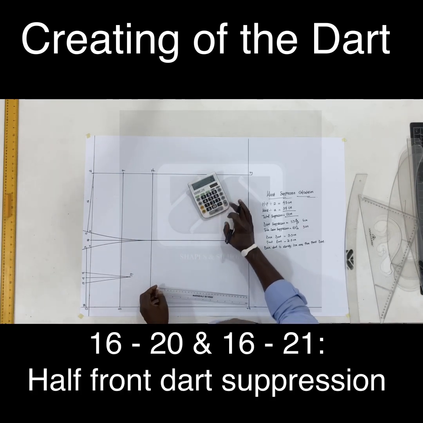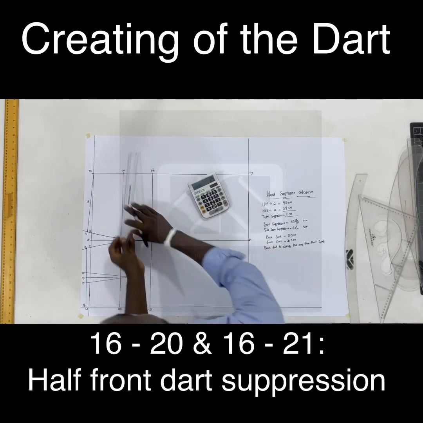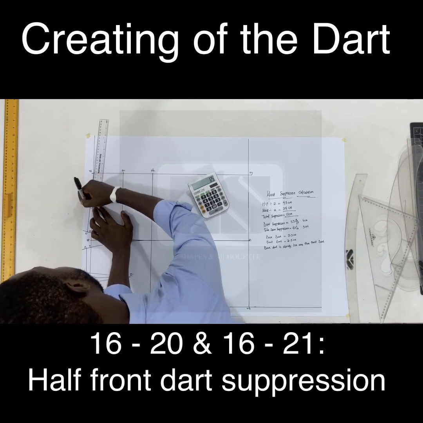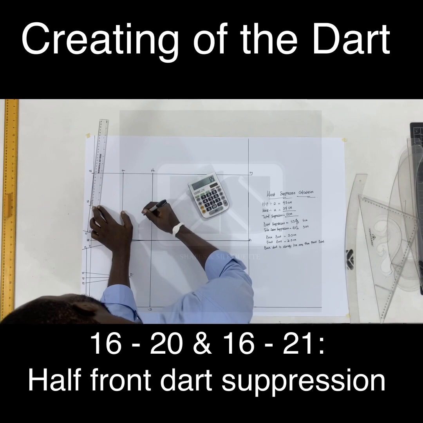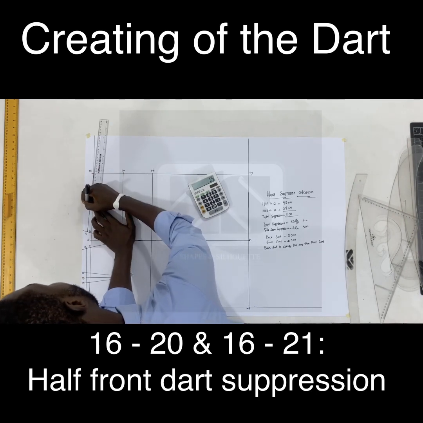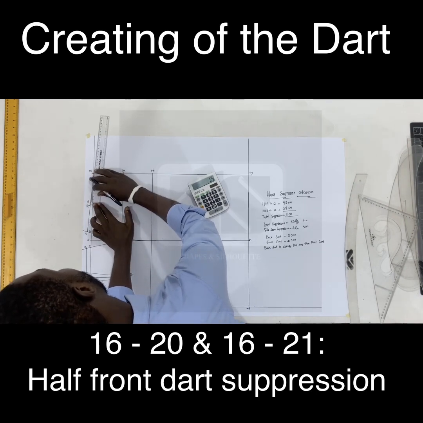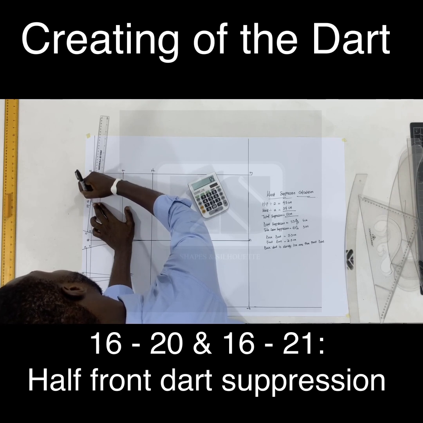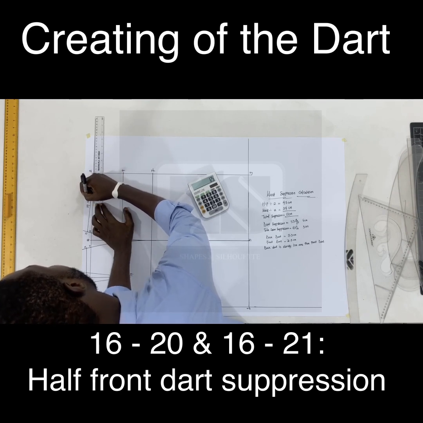Now let's do the front dart. 16 to 20 and 16 to 21. This is half the front dart suppression shared on both sides. That's for 20 and 21. You mark that.